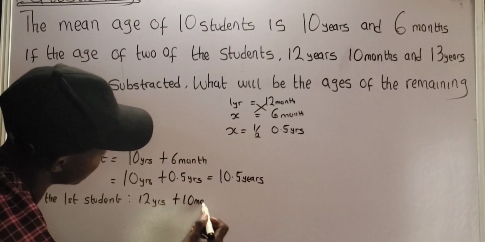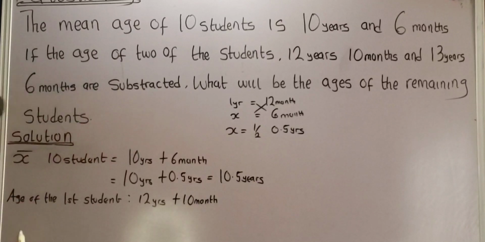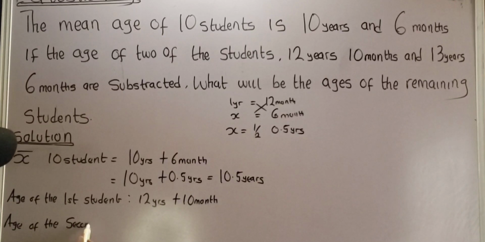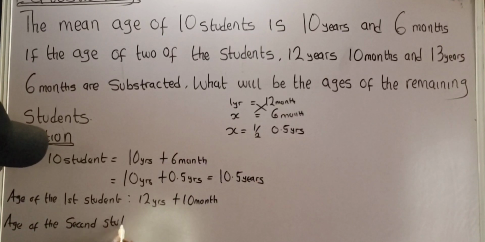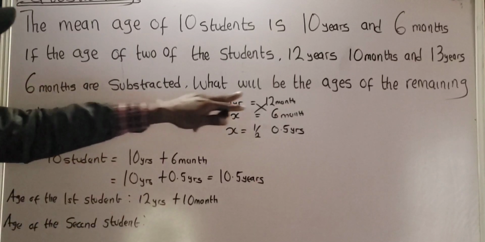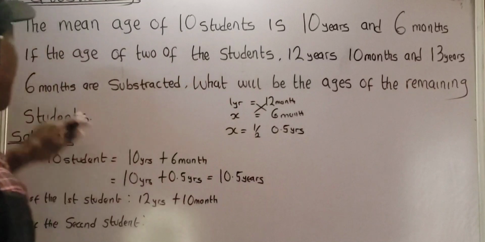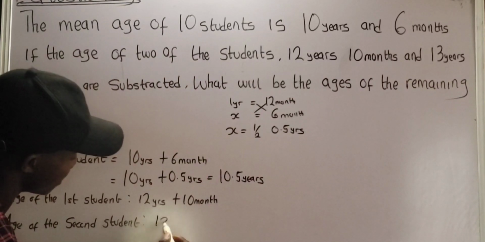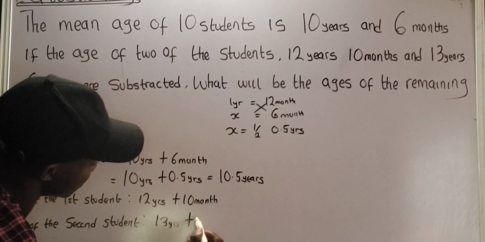You understand? And the age of the second student is 13 years and 6 months.